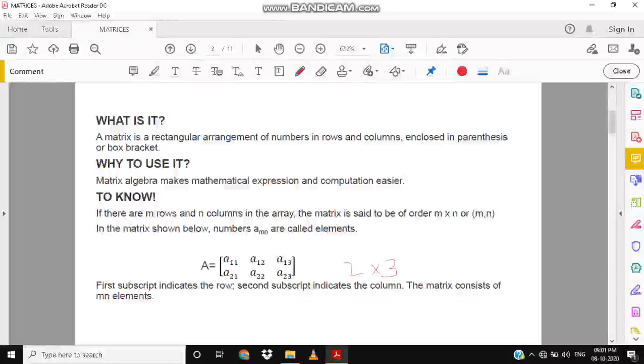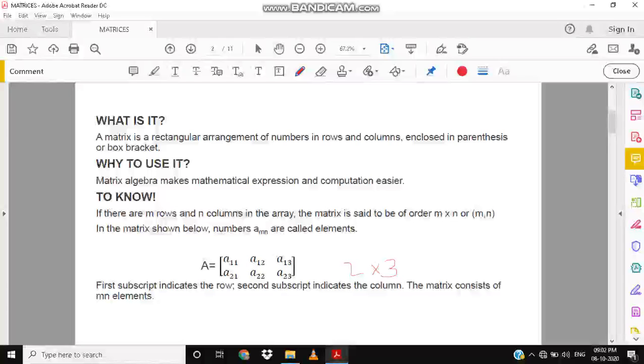So in this matrix shown below, we can see that all these A11, A12, A13, A21, A22 and A23 are actually the elements of this matrix. The first number actually indicates the row number, and the second number represents the column number.